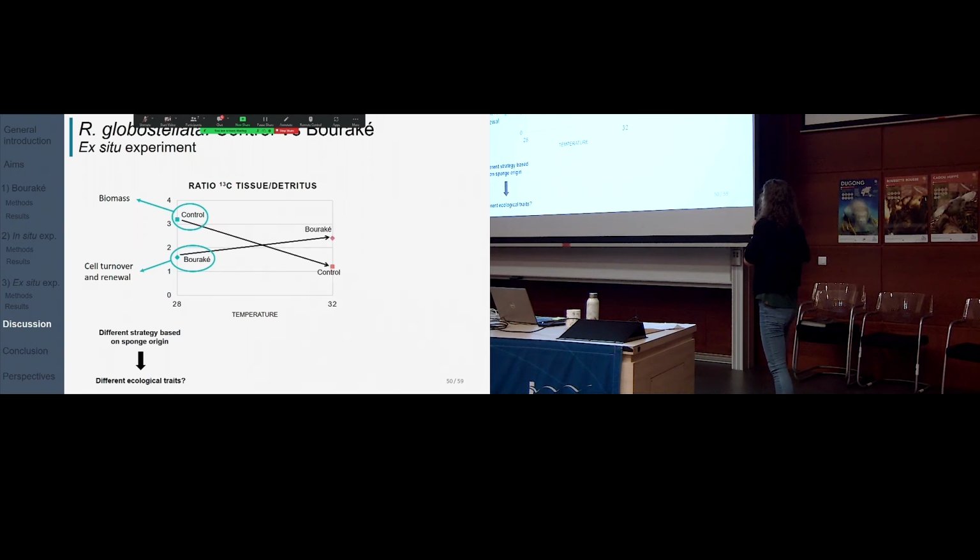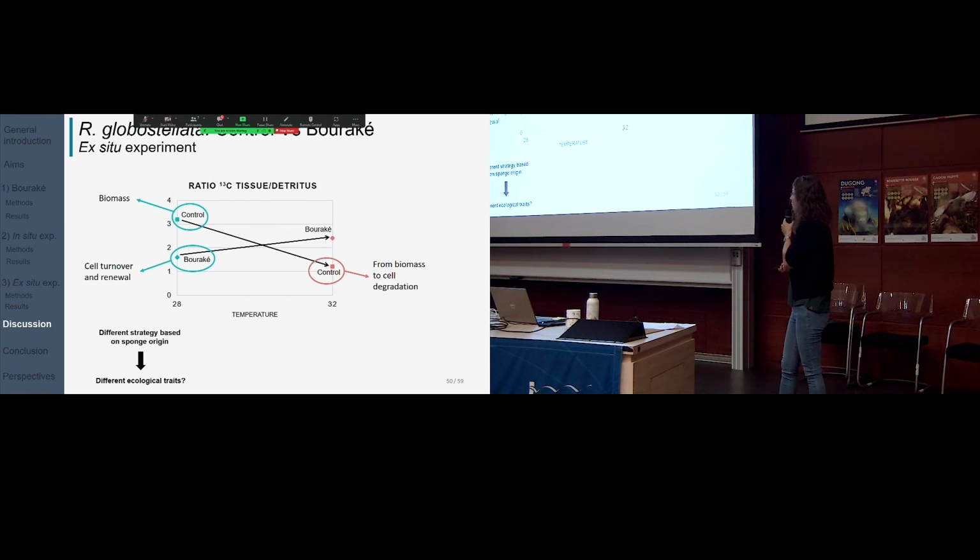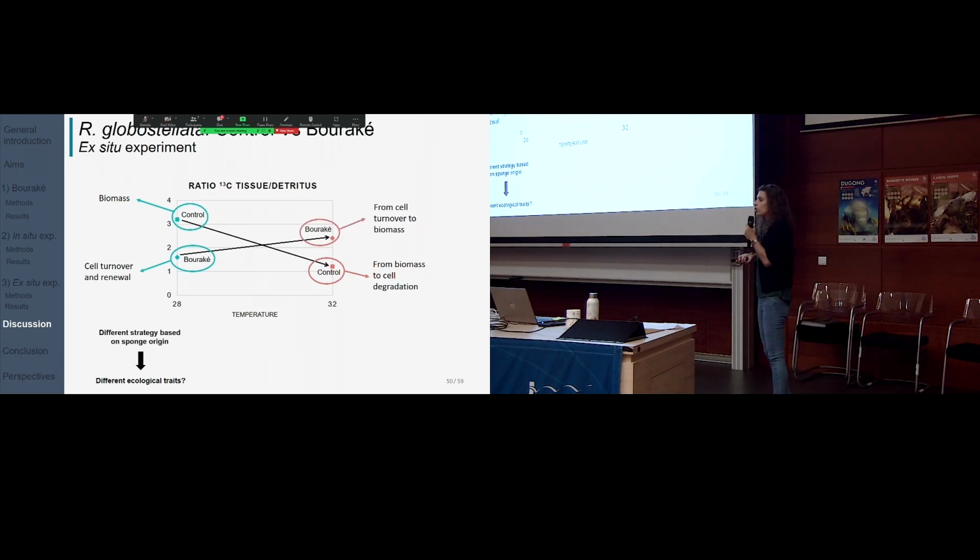If you look at the response at 32 degrees, we have an opposite response because the control sponges increase detritus excretion. So it suggests that the sponge underwent temperature stress, so higher cell degradation and then high detritus production. While Burack sponges increase carbon and nitrogen incorporation into tissue.